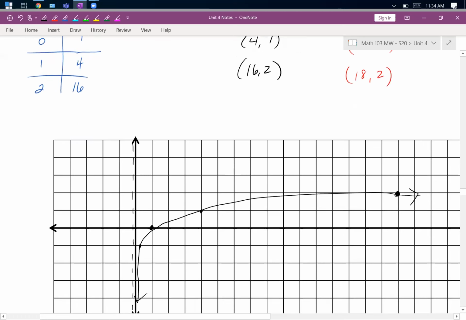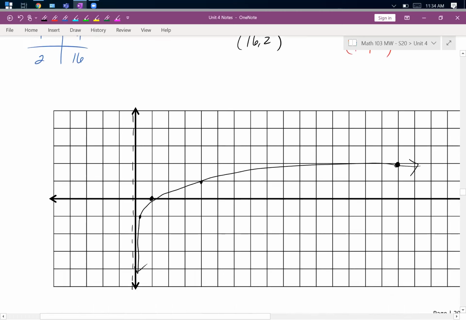Let's talk about the asymptotes. I have a vertical asymptote. If I shift my graph to the right 2 units, should I be shifting that asymptote as well? Yes, because it's a vertical asymptote being shifted horizontally.